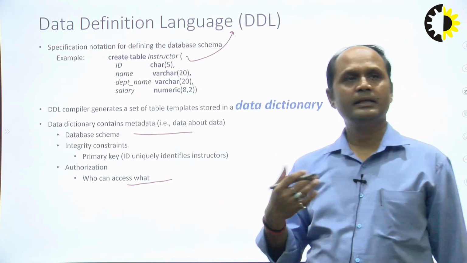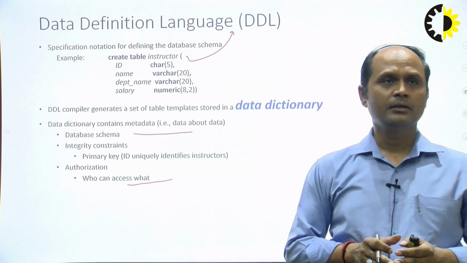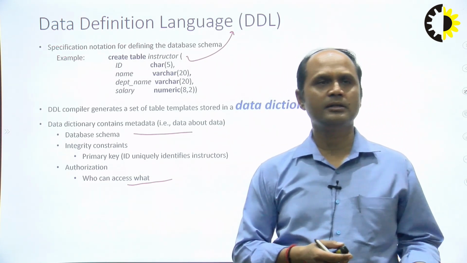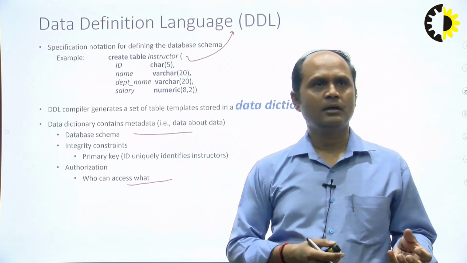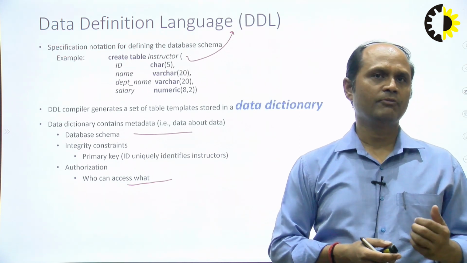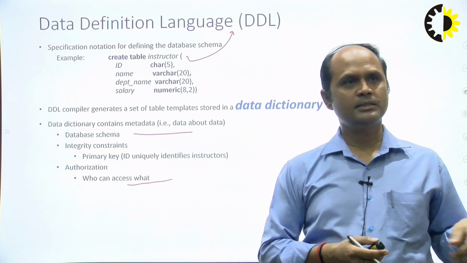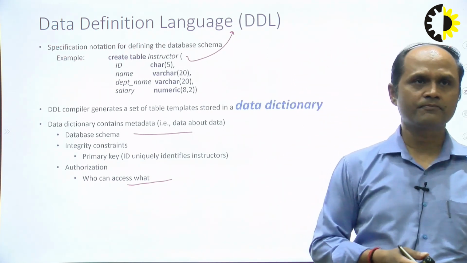After creating the tables, databases, and integrity constraints, we use DML commands for accessing purposes, like select, insert, update. These are the SQL queries that can access that particular data with the help of DML.